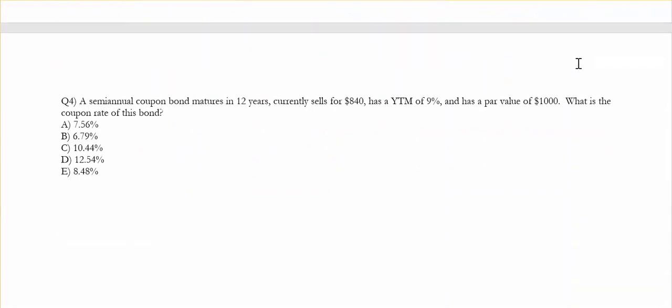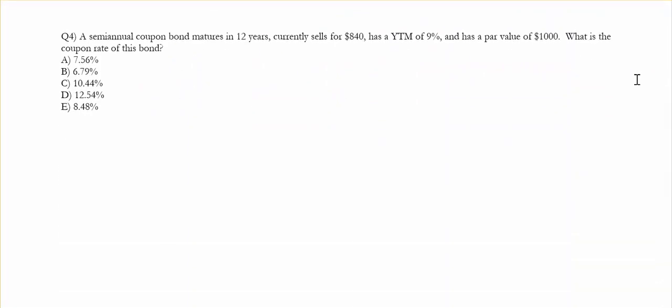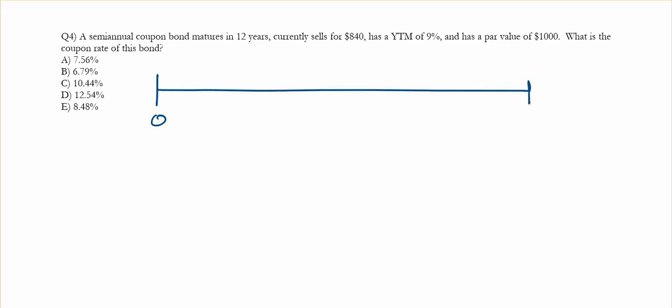Let's go on to the next question, which is just about the same, just some different numbers. We have a semi-annual bond this time. Matures in 12 years, so there's 24 periods.